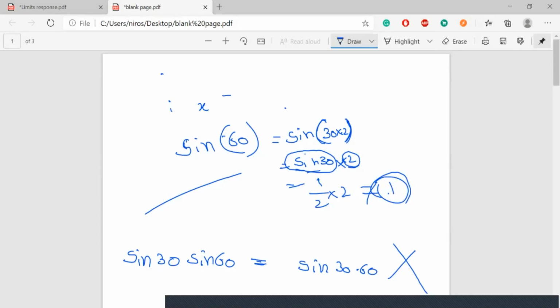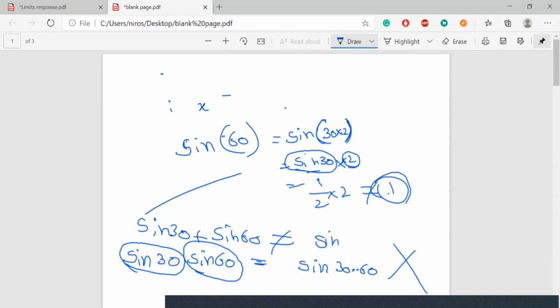Sine 30 is one single value, and sine 60 is another value. You can't take sine common and you can't multiply like this. Same thing, sine 30 plus sine 60: you can't write it as sine of 30 plus 60.